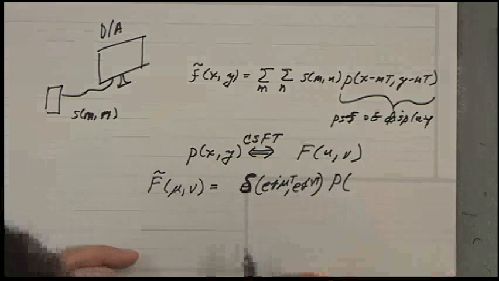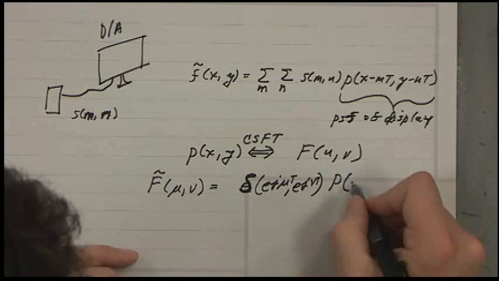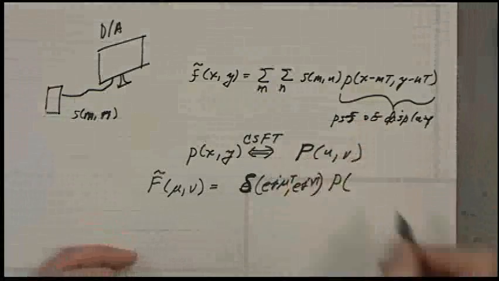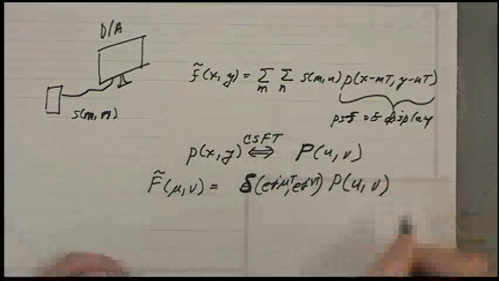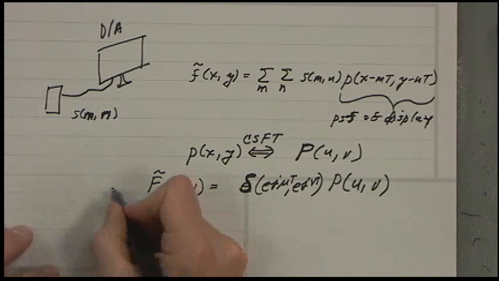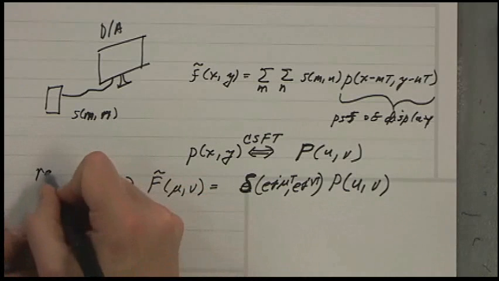Oh gosh, that's times t, and this is supposed to be a P of uv. So this is a relationship. This is the Reconstruction Formula.